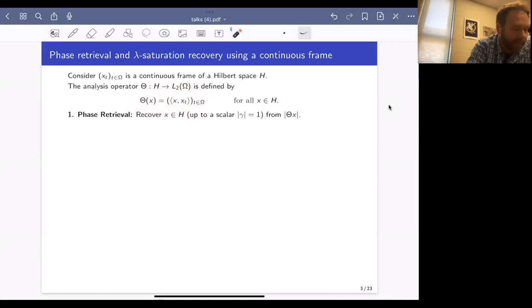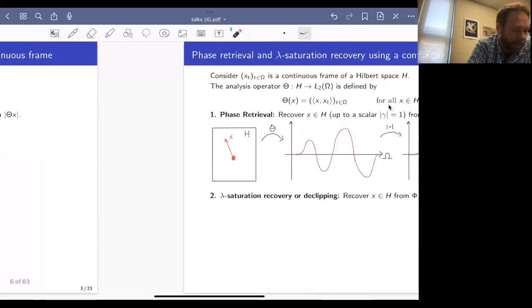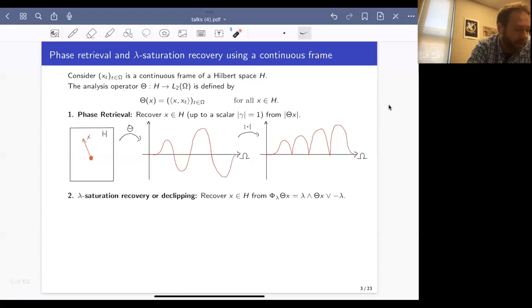I can only obtain the absolute value of the frame coefficients. And so in this situation, in normal linear frame theory, my analysis operator would give me this function, and then I could go back by inverting it. But with phase retrieval, we're in some situation where I can only obtain the magnitude of my frame coefficients.